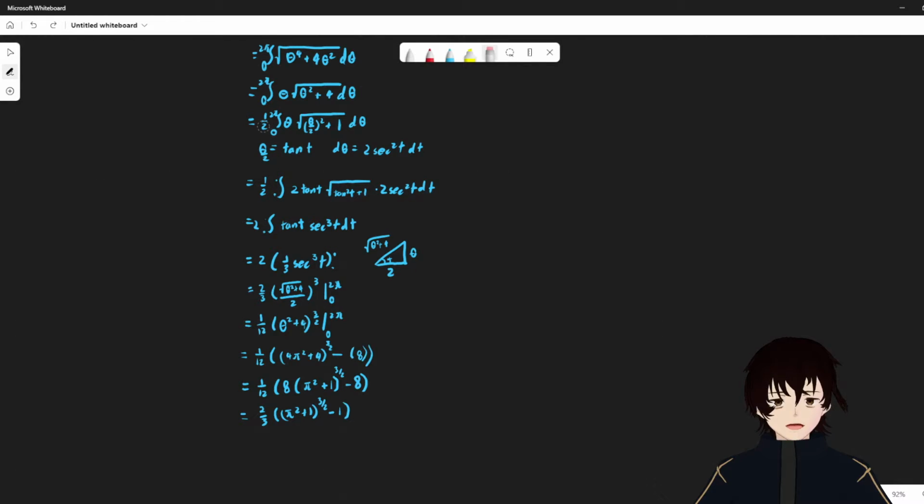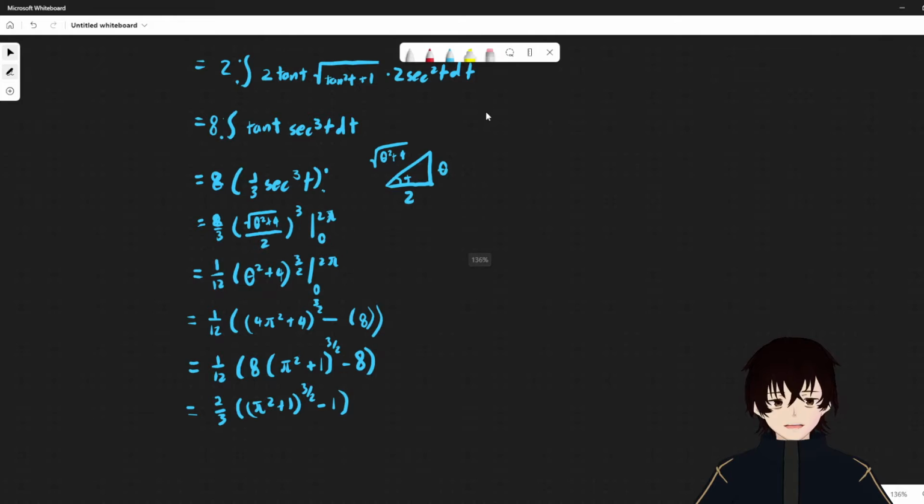Where did I get this 1/2 from? This is not 1/2, that's 2. That's the whole problem. That's not a 1/2, that's a 2. So this turns into an 8. That turns to 8, that turns to 8 over 3. That turns into 1/3.